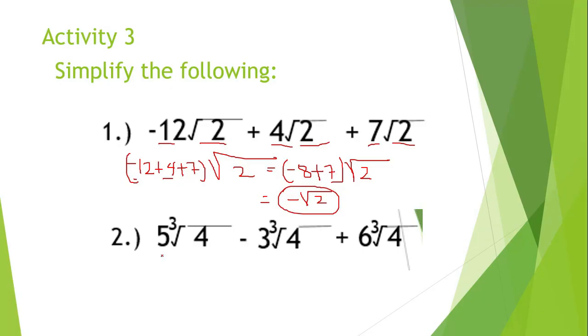Next, 5 cube root of 4 minus 3 cube root of 4 plus 6 cube root of 4. So this one is one of the examples of like radicals.